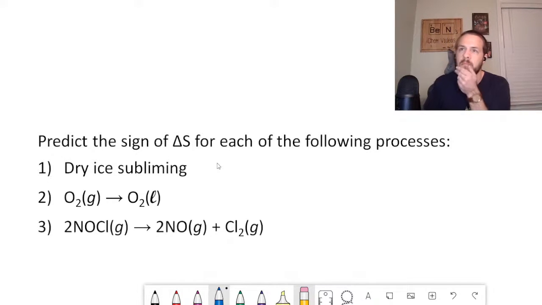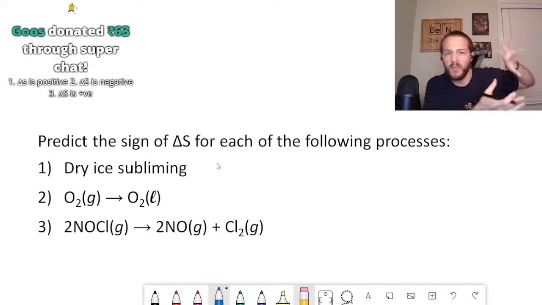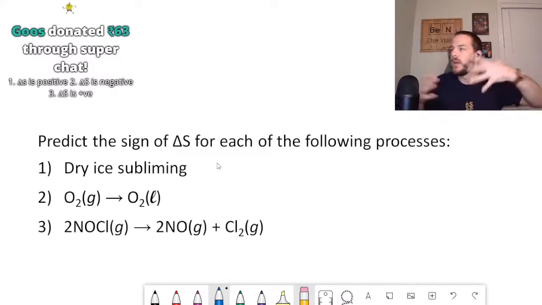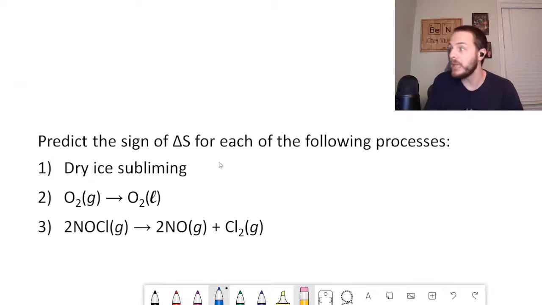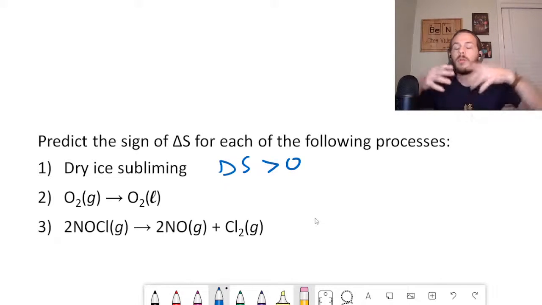Now, if something's a solid and it turns into a gas, that means it's something that was very orderly becoming something that is very disorderly, right? And if something is becoming more disorderly, that means that entropy would increase, right? And so delta S would be positive in this case, right? More dispersal, more randomization, more disorder occurring. That always means an increase in entropy.